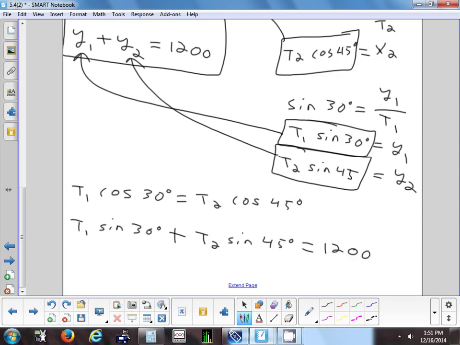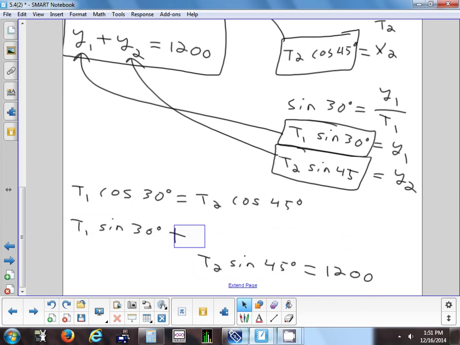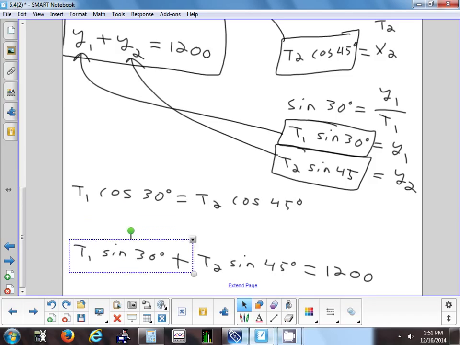Okay, so what could I do? You know what? Let's just move the top equation a little further away. Okay, what can I do with that top equation that'll help me solve this system? You can get T1 to one side, you can then make a separate equation for the T2 to the other side.